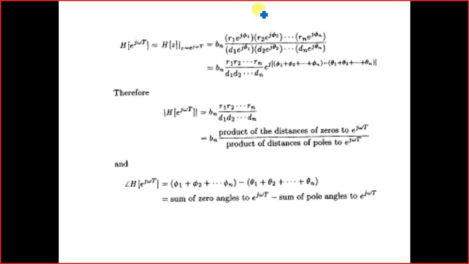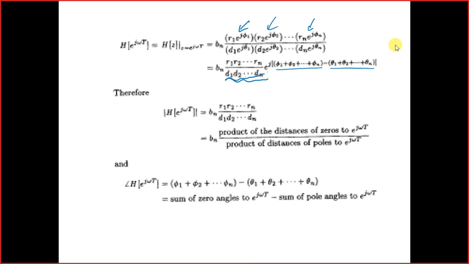Now again, if we change the coordinate system, we get r1 into e to the power j phi 1 and so on. If we break it down, it is r1, r2, rn divided by d1, d2, dn, then e to the power j (phi 1 plus phi 2 plus phi n minus theta 1 plus theta 2 plus theta n).